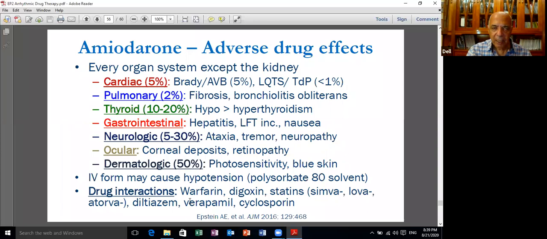The kidney is not involved, and the lungs are involved, the thyroid gland is involved. Ataxia is a rare complication, but we know patients having severe ataxia that have been treated in a variety of ways, and they take the regular dose of amiodarone and respond.